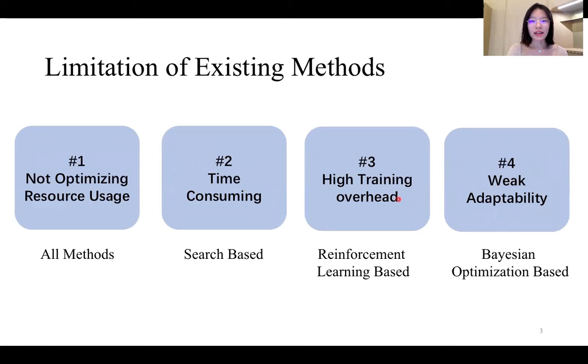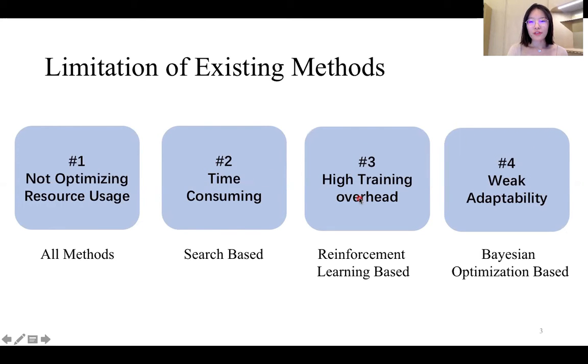However, existing auto-tuner methods have limitations. First, all of the methods only focus on improving the performance. They do not consider optimizing the resource usage. Second, search-based methods do not take advantage of past trials. It's inefficient compared to model-based methods.